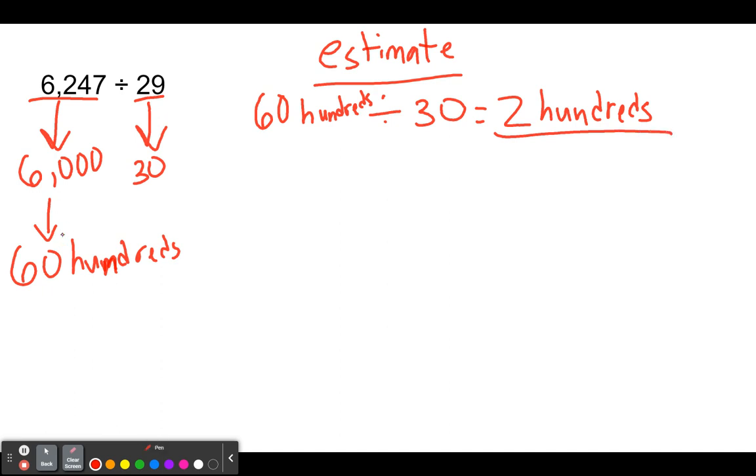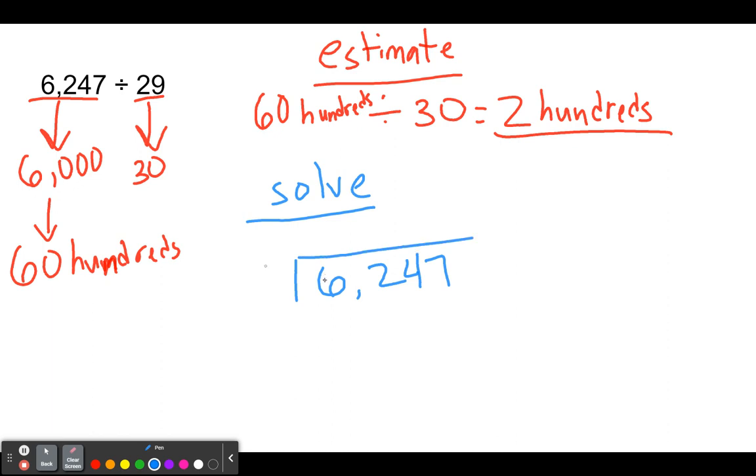So now let's go ahead and solve. If I were to solve my actual numbers, if I take 6,247 and divide that by 29, I know that this is going to be about 200.